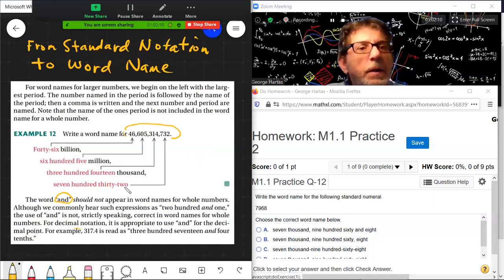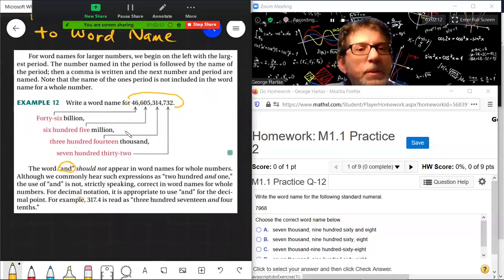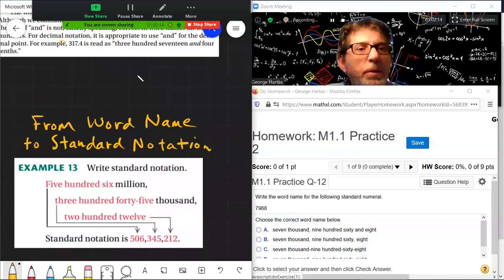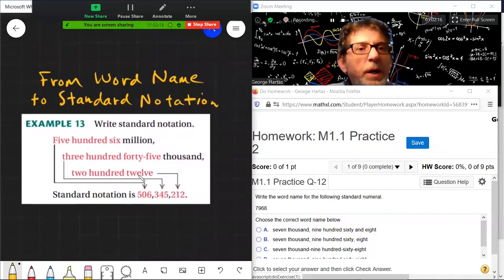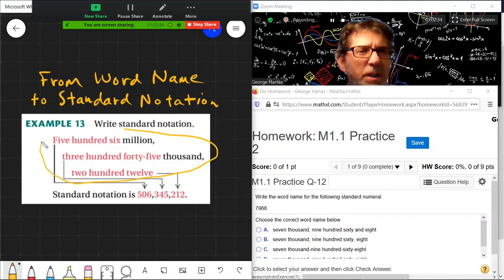Okay, now let's look at the opposite example. So now we're going to go from a word name to number or standard notation. Okay, so from word name to standard notation. So they give us this here, and we have to come up with the number.